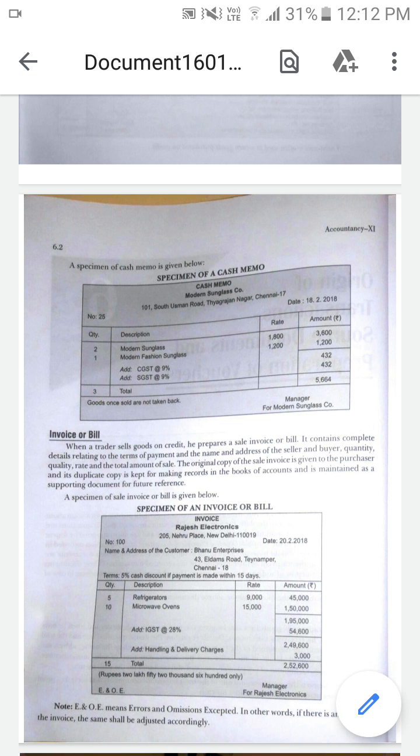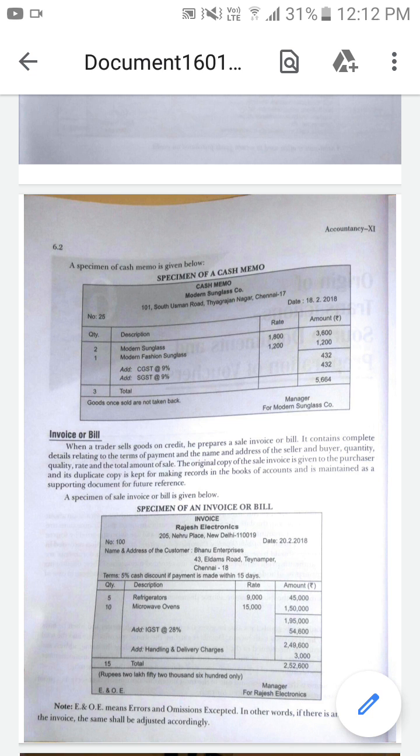And GST is divided into two parts, that is intra-state supplies and interstate supplies. There are two types of supplies. In intra-state supplies there are two types of GST, CGST and SGST. And in interstate supply, there is only one, that is IGST.